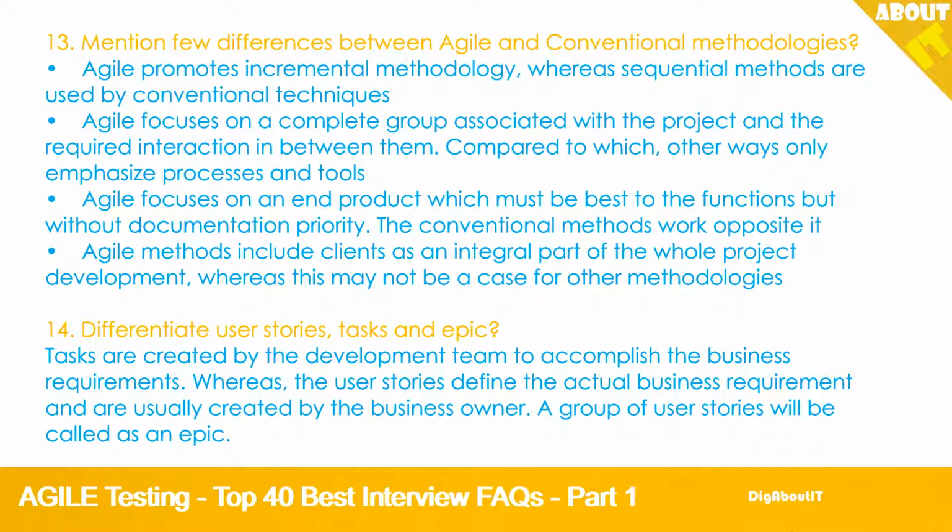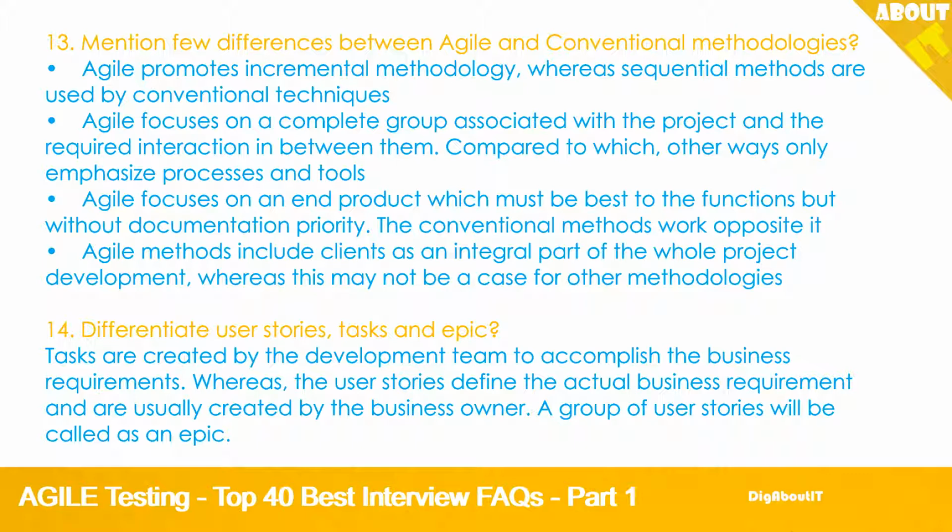Agile focuses on an end product which must be best to the functions but without documentation priority. The conventional methods work opposite to it. Agile methods include clients as an integral part of the whole project development, whereas this may not be the case for other methodologies.